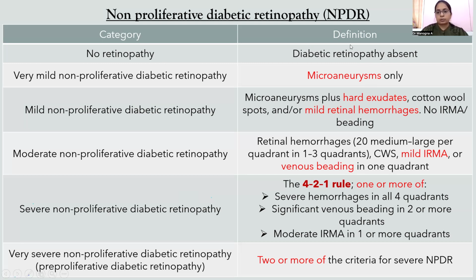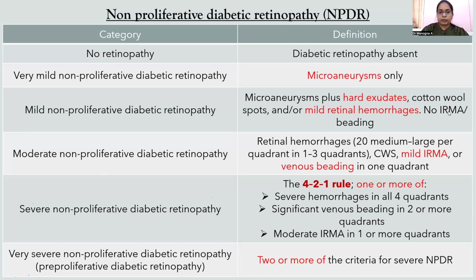No retinopathy means no DR. Very mild NPDR means only microaneurysm is present. As already mentioned, microaneurysm is the earliest sign of diabetic retinopathy, right? Mild NPDR means that along with microaneurysm, you see a hard exudate or retinal hemorrhage, but there is no IRMA and no venous beading.